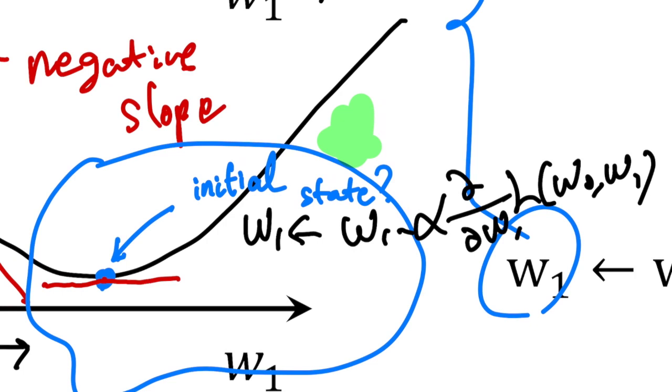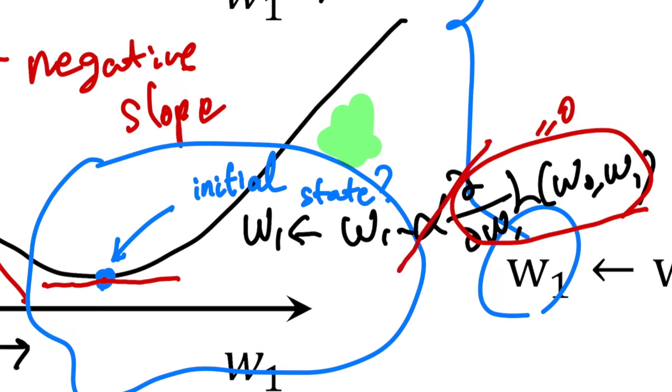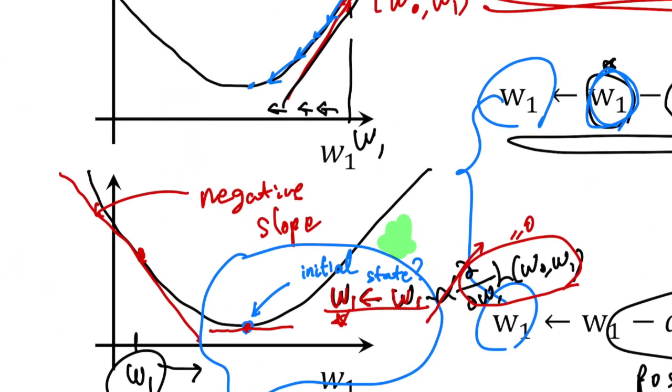Then what is the gradient? In this case, it should be 0, right? So we don't have any update here, so it means that the rule of the gradient descent algorithm is just W1 should be W1. What does that mean? We cannot update this parameter W1 if we just start from this initial state.